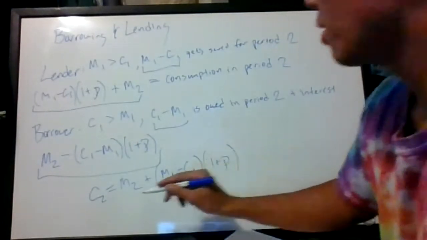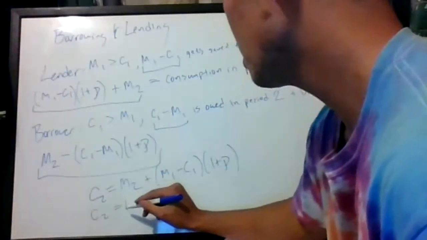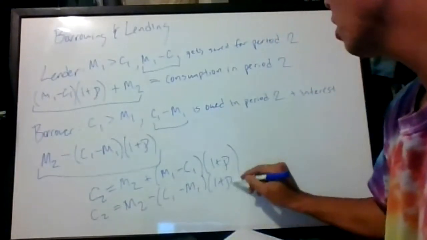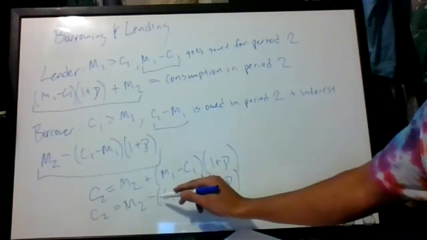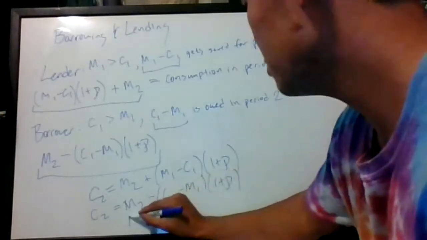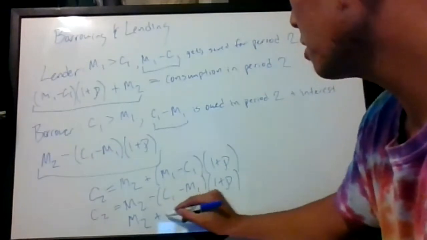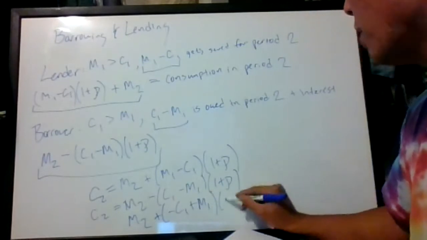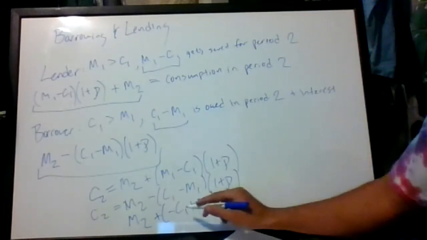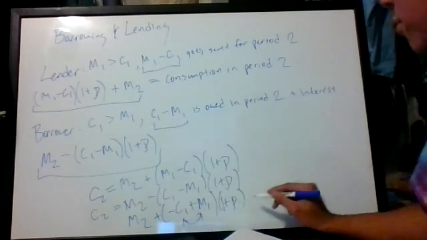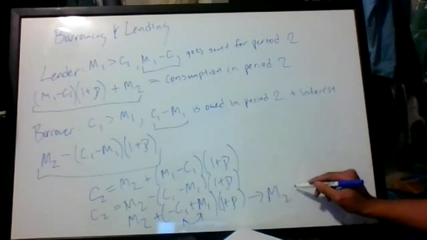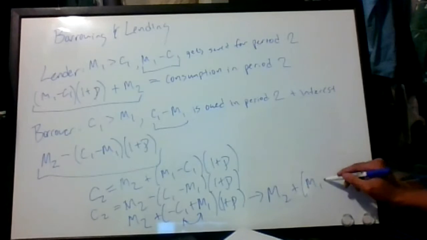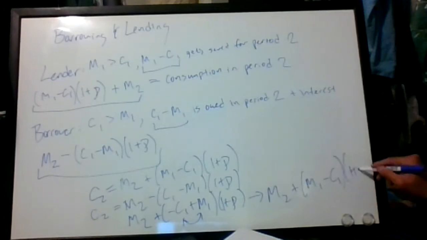And this is C2 equals M2 minus C1 minus M1 times 1 plus rho. But if you multiply the negatives through, what you get is M2 plus negative C1 plus M1 times 1 plus rho. And if you flip these two in terms of where they are, what you get is M2 plus M1 minus C1 over 1 plus rho.